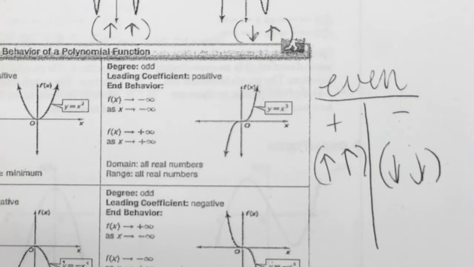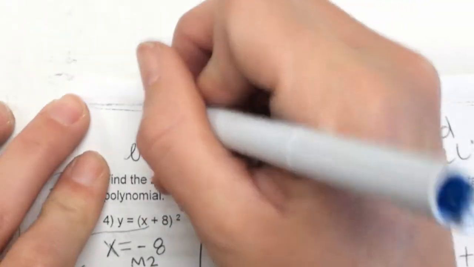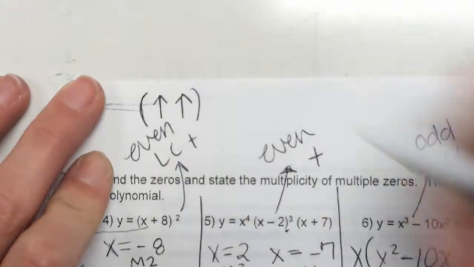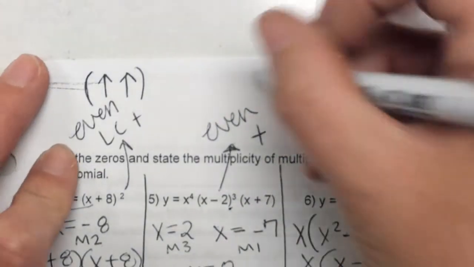So what I want to do before we flip pages is go back up to 4 through 7, those problems that we worked, and let's determine the end behavior for each one, okay? This was even and positive, so what's the end behavior? Up, up, good. Same thing here, correct? Up, up.